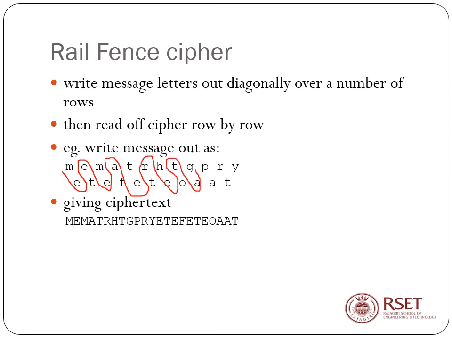So you are writing it diagonally over a number of rows, and after that you will be reading it row by row. Once you have written like this, you will be reading MEMATR, like that. Look, MEMATRHT. You just rearrange the letters; you followed a particular rule to rearrange the letters.